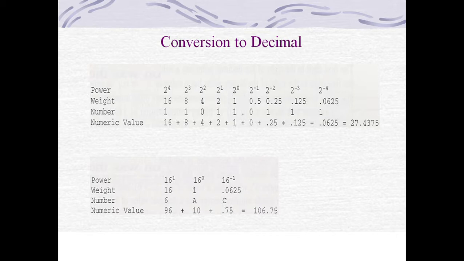For example, we have a number given in the binary system. So this is a number in the binary system which has 4 digits on the right side of the decimal point, and this number has 5 digits on the left hand side of the decimal point. So 4 plus 5 are the number of digits in this number.